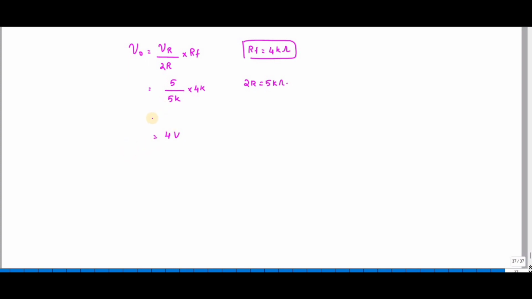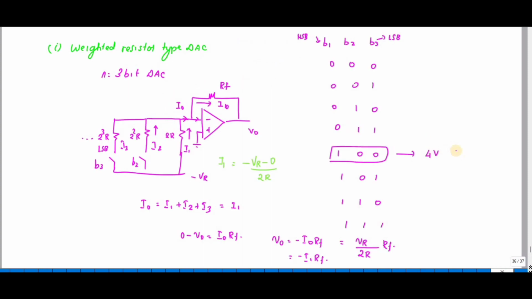This is nothing but 1 milliamp into 4K, which is nothing but 4 volt.